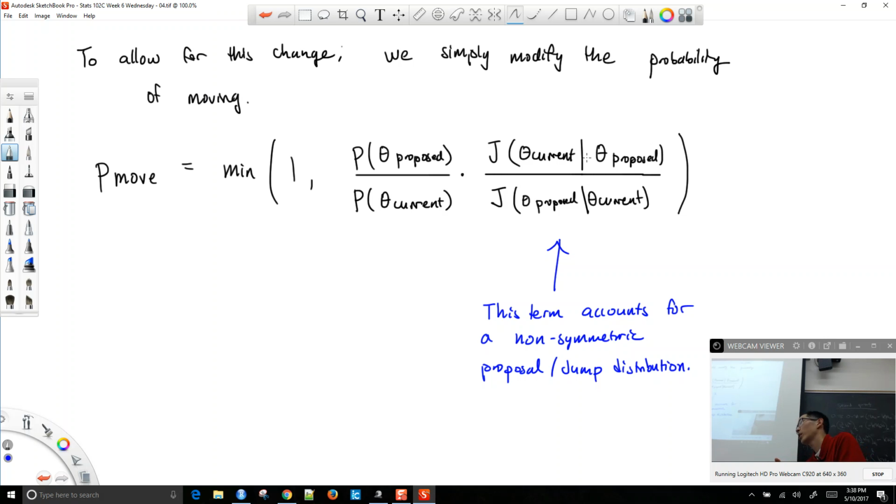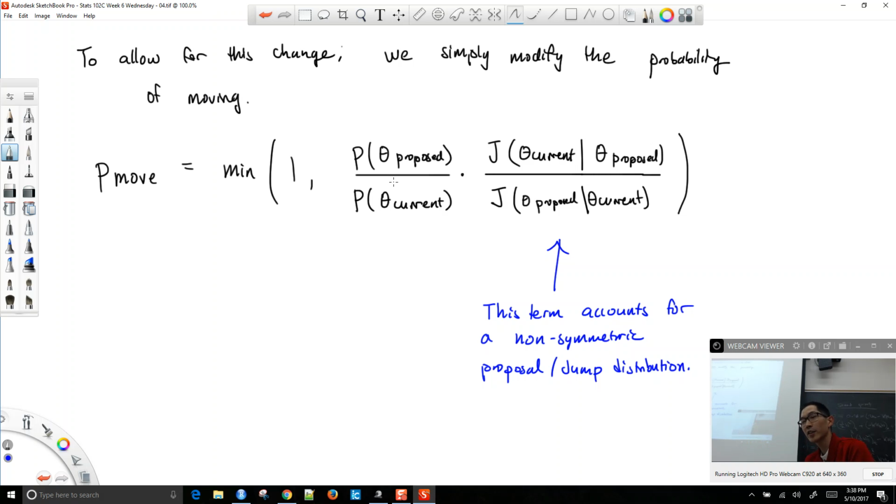That's what makes the transition kernel work in terms of getting us to the target distribution. I am not going to try to prove that the Metropolis algorithm converges to the target distribution. Maybe I can point you to some resources there. But yeah, when it's the Metropolis algorithm, using this proposed over current density, it only works and gets us to the target distribution if the jump distribution or proposal distribution is symmetric.